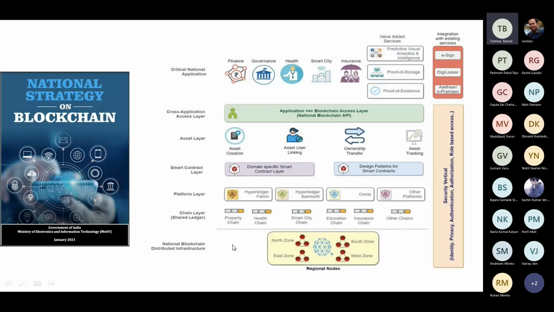Now, more importantly, if we look at this diagram on our right, which is about the national blockchain distributed infrastructure. There is this overall grand plan that will have different regional nodes, and then we have this layered architecture where we have a chain layer with shared ledgers, which could be for property.